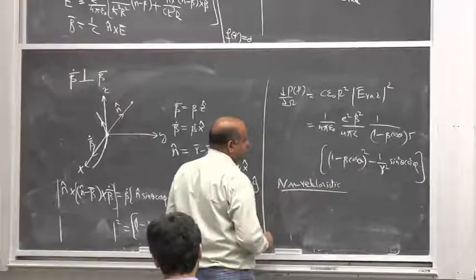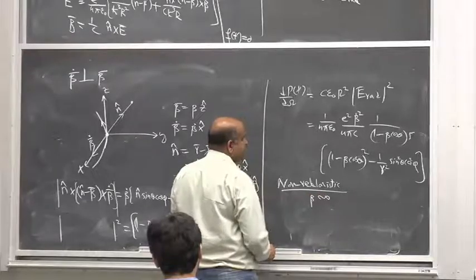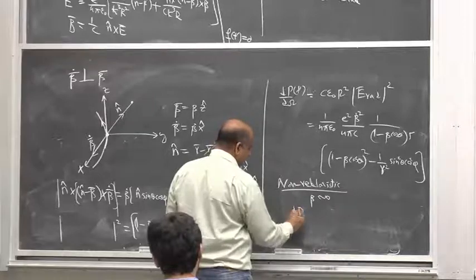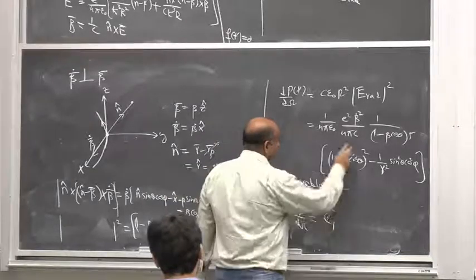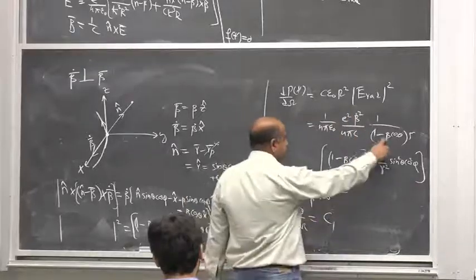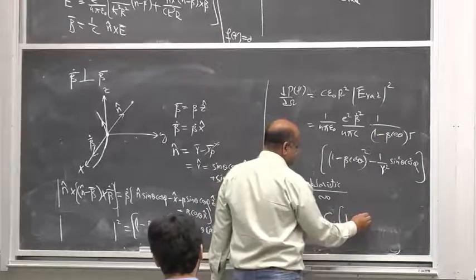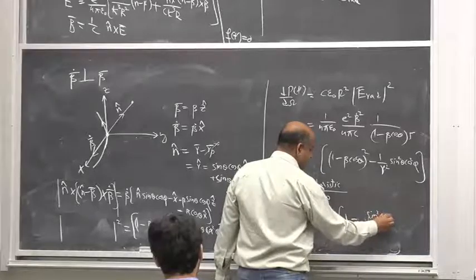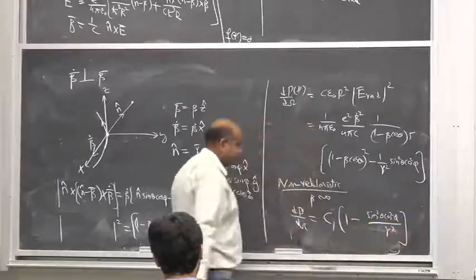In the non-relativistic case, beta is nearly 0, so dP by d omega is all of this constant, call it c1, this is 0, this is 0, so 1 minus sin squared theta cosine squared phi.